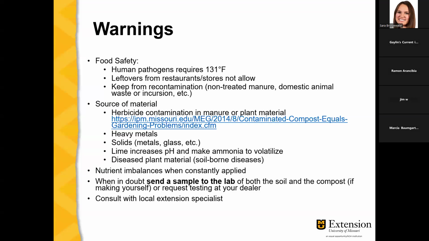When in doubt, as I mentioned, send a sample to the lab and you will understand better what to do to fix the problem. And consult us, consult the extension specialist. I'm available, not for long, but I'm still available. Somebody will replace me later, so there's always going to be somebody available.